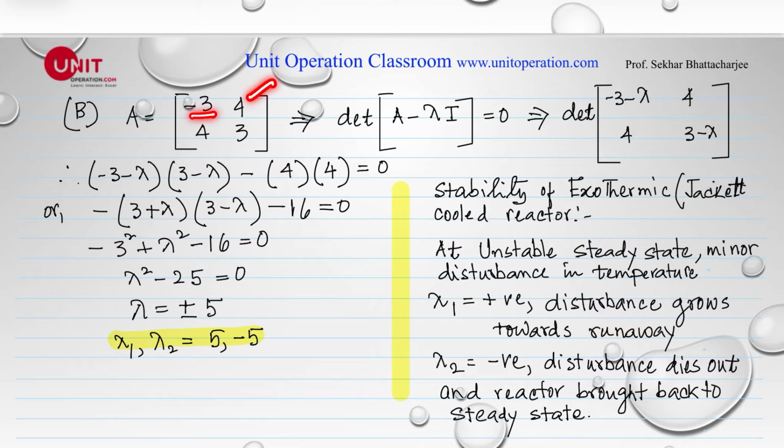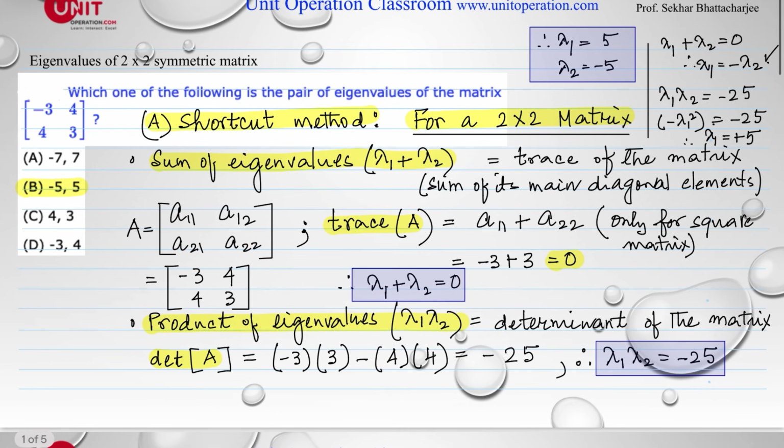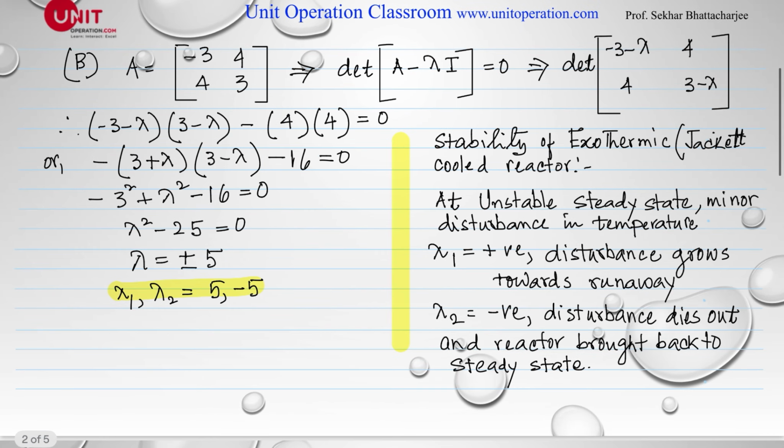If we find the determinant of that, which is very easy, we get lambda squared minus 25. So we get exactly the same value. So B is the correct option.